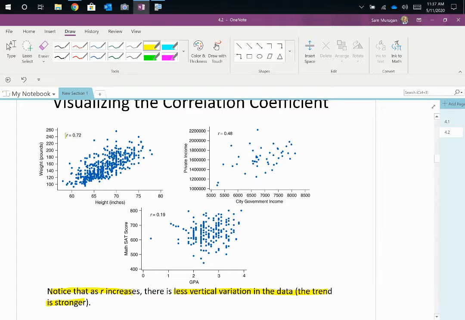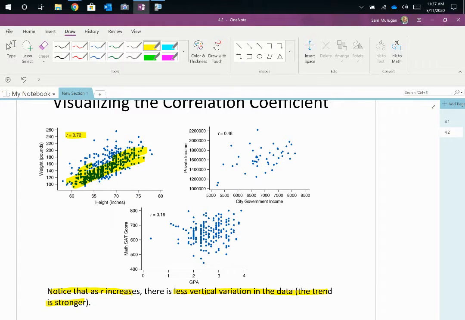So right here we have an R value of 0.072, and we can see that there's variation in the vertical data, but not as much as if it were a perfect one.